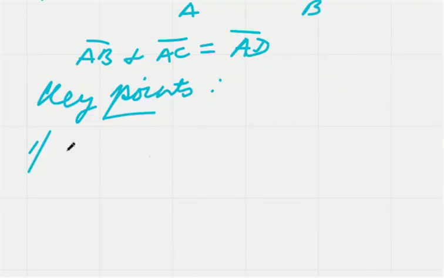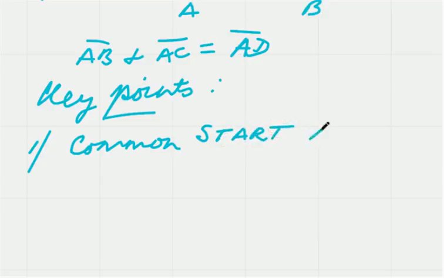Point number 1, both vectors have a common start point. You arrange the vectors such that all of them have the same start point. That's the first point to remember. So if you have two vectors, both of which begin from the same start point, then we use the parallelogram law of vector addition.